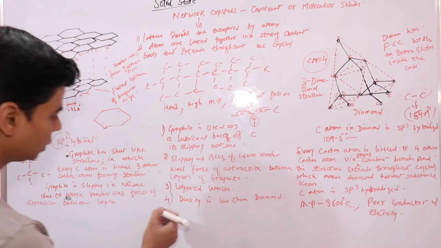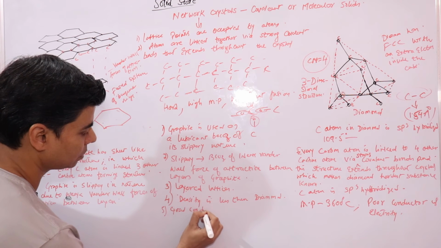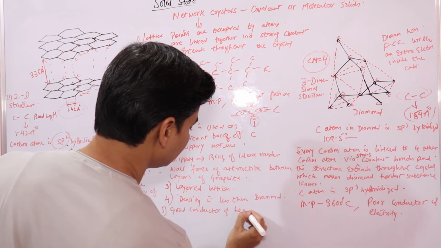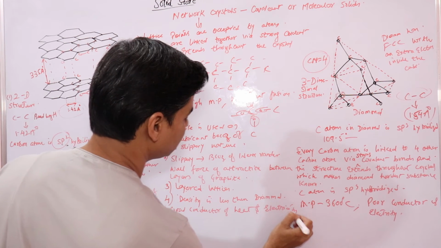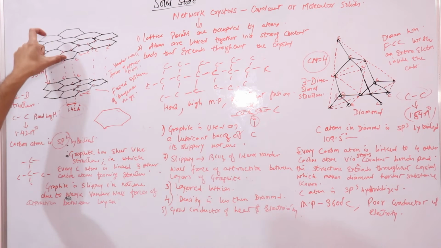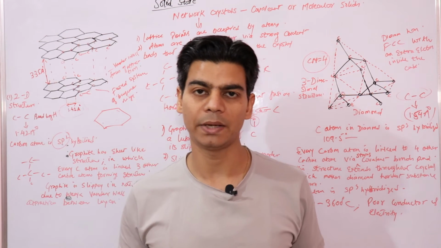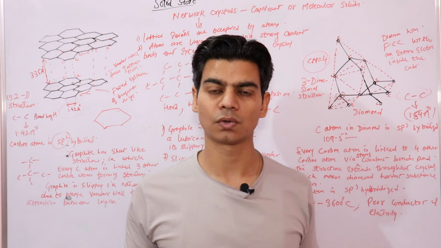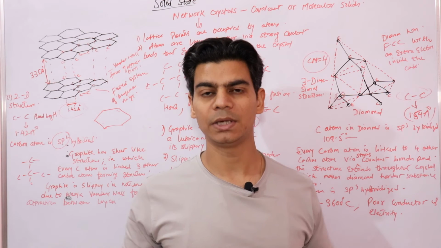And we know it's a good conductor of heat and electricity. Why? Because each carbon atom in this layered structure is sp2 hybridized. Since each carbon atom is sp2 hybridized, only 3 of its electrons are used in forming bonds with neighboring carbon atoms.